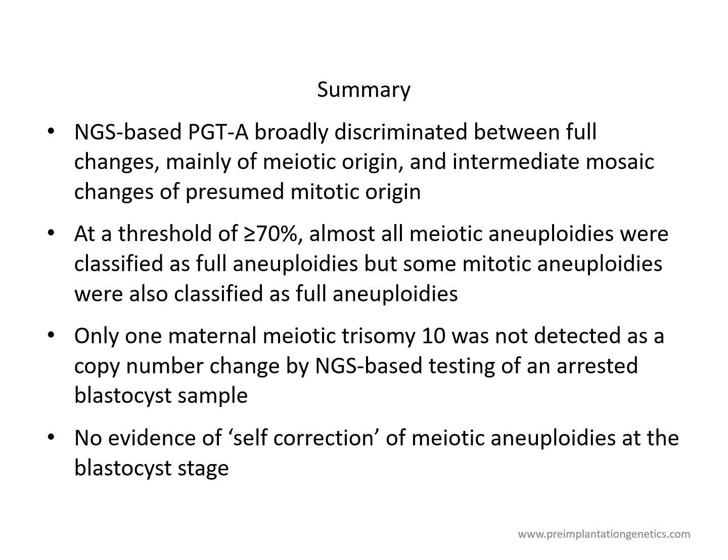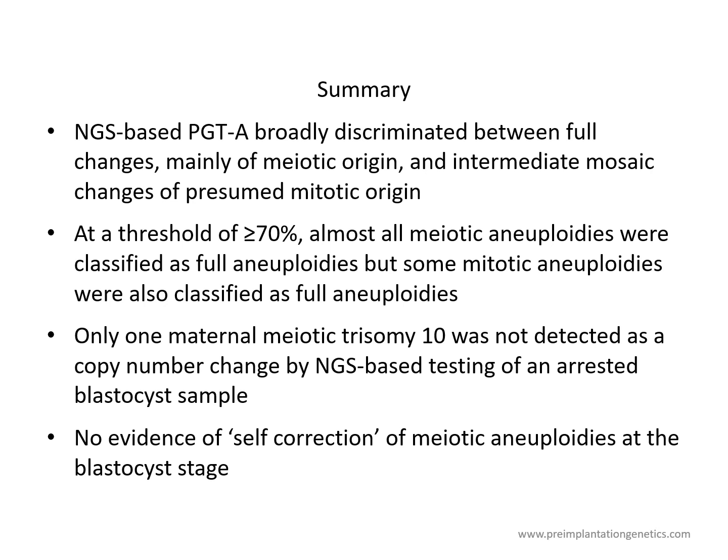At a threshold of 70% or more, almost all of the meiotic aneuploidies were classified as full aneuploidies. However, some mitotic aneuploidies were also classified as full aneuploidies. Only 1 maternal meiotic trisomy was not detected as a copy number change by NGS-based testing in a single arrested blastocyst sample.